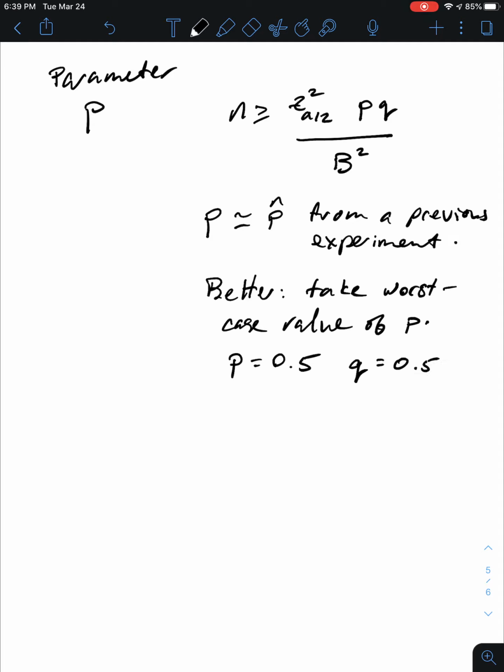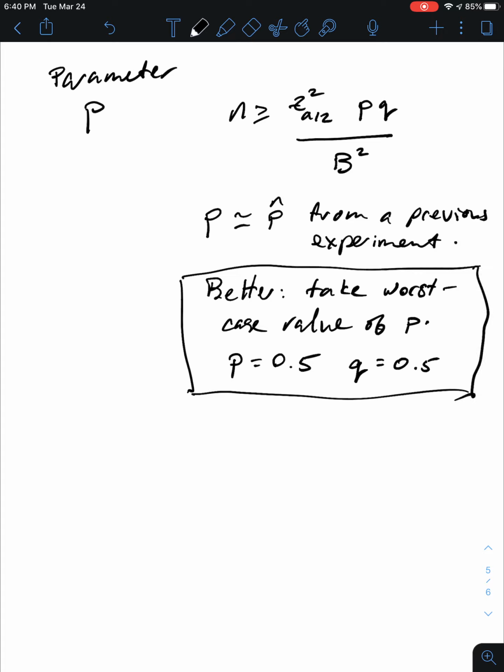So that is the worst case value of p, and that's what we should use in this formula for choosing the sample size in a discrete experiment. That's what I recommend, and this is standard practice. And we'll come back to this. We'll do an example in just a second.